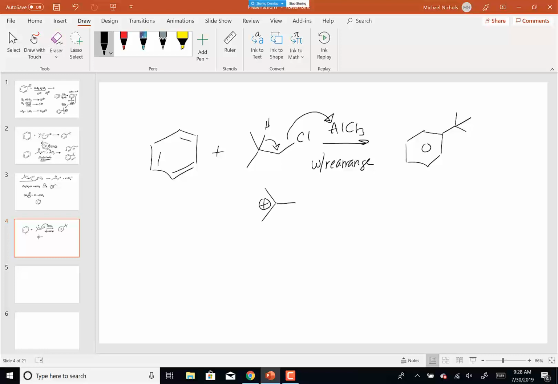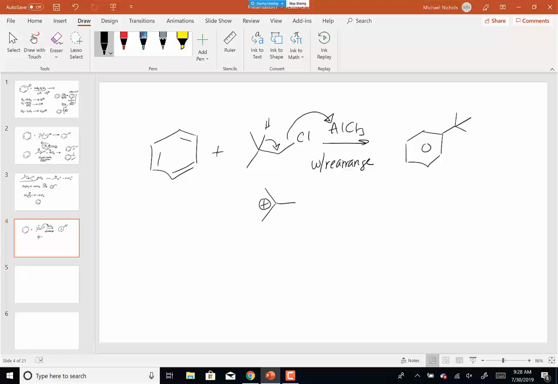So about halfway through the lab, a young scholar came up and said, "Hey, we're using isobutyl chloride and not tert-butyl chloride. Does that mean that we have to start all over again?" And I said, "No, you're going to get the same product."